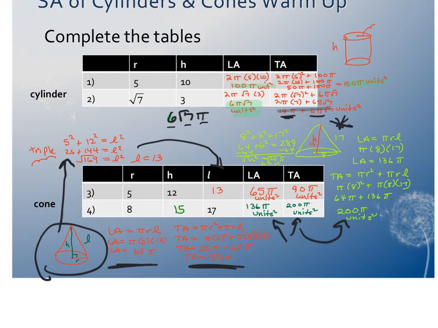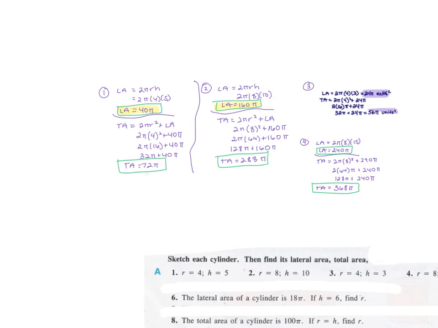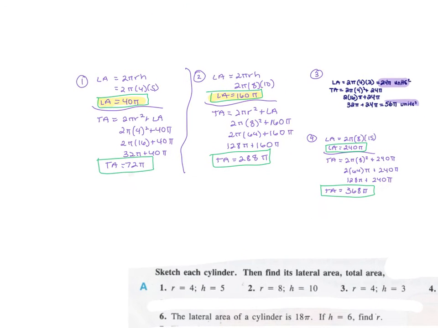Now let's take a look at the homework. I'm going to zoom into each question. For number 1, we were given the radius and the height, and it wants me to find the lateral area and the total area.